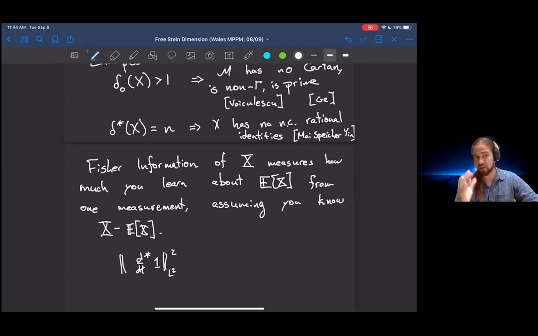Okay. And remarkably, it turns out that, I forget the attribution on this theorem from the 70s or so, that this Fisher information quantity can also be related to entropy as the time derivative of entropy as the variable x is perturbed by an independent Brownian motion. Okay.